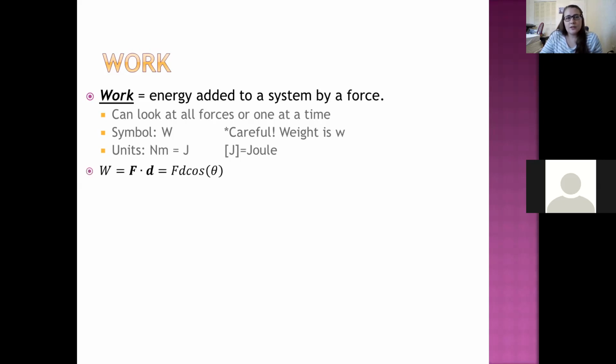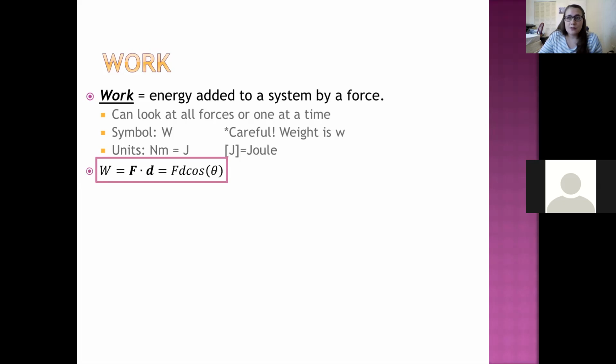So the way that we calculate work, I have here two different equations, but both are helpful and valid. So work equals F dot D. That is not a times. It's not F times D. It's F dot D. And this goes back to chapter 1 when we were talking about multiplying vectors together.